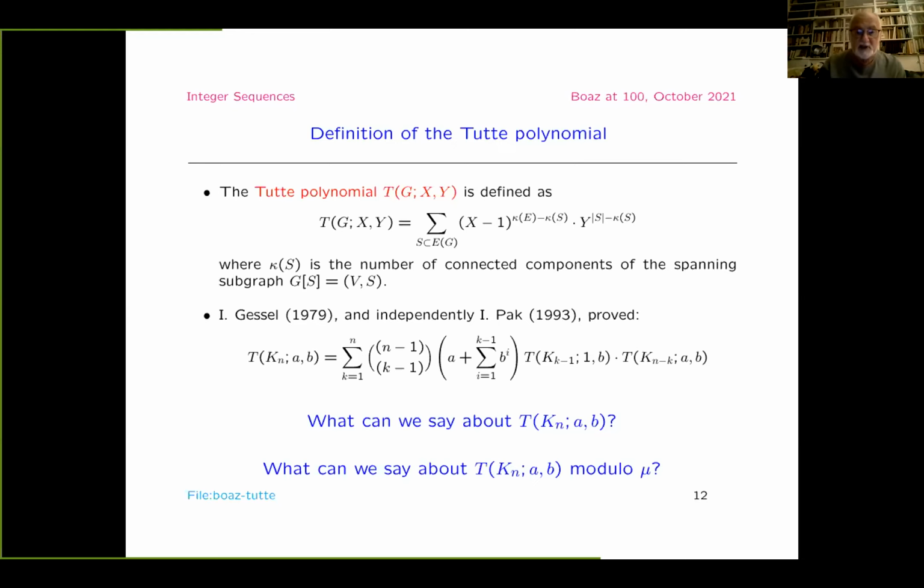So Gessel in 79 and independently Pak in 93 proved that the Tutte polynomial for a clique of size n in parameters a, b can be described by this awkward expression, and we really don't know what this looks like. I mean, even if you have this formula, you don't really know how this behaves. So what can we say about this function for fixed a and b? And what can we say for this function for fixed a, b modulo a fixed number m?